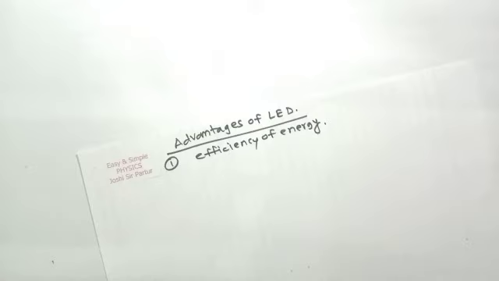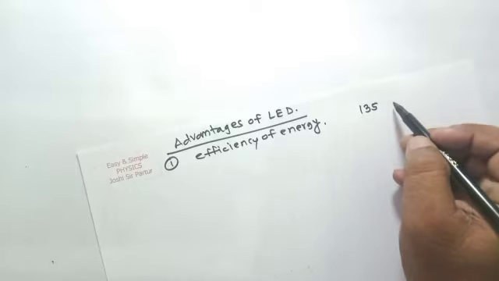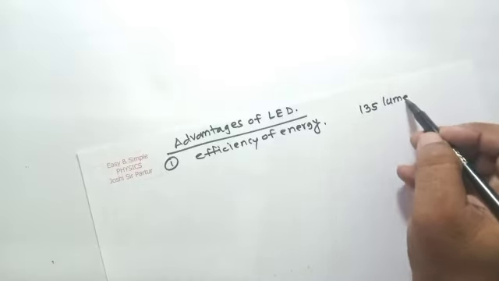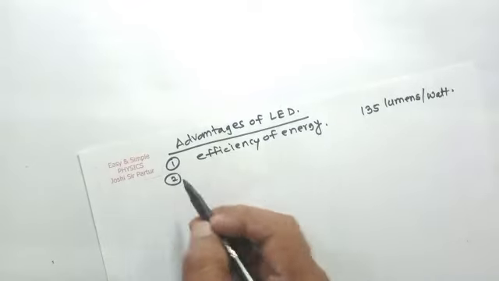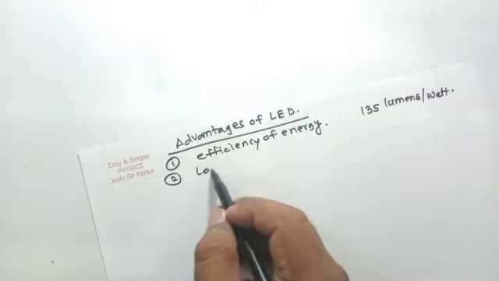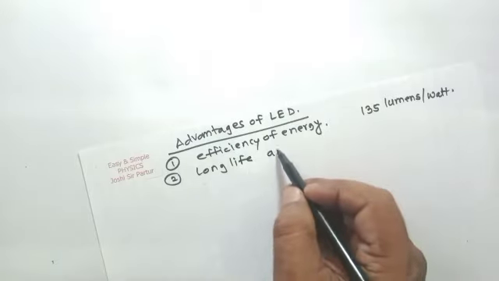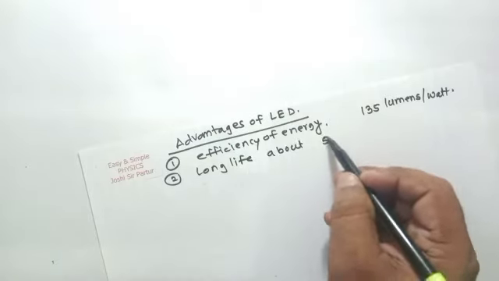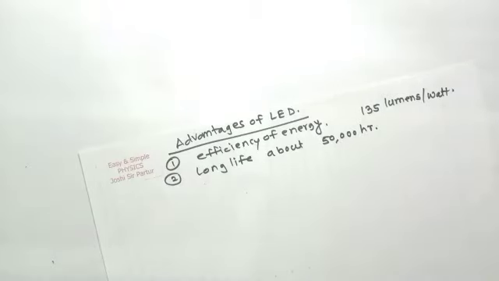LEDs are now capable of producing 135 lumens per watt. LED has a long life, about 50,000 hours.